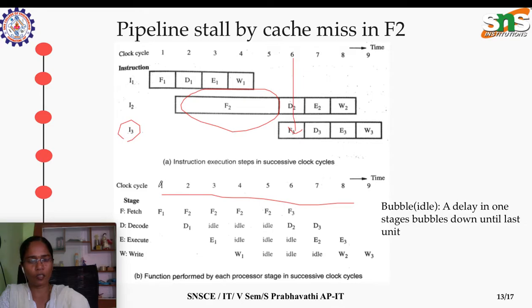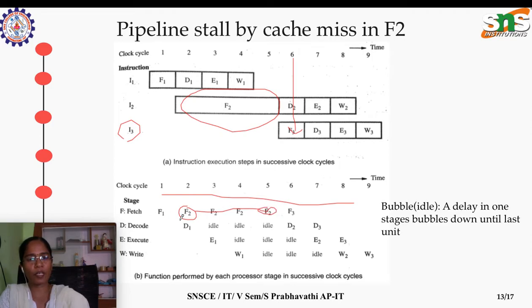At clock cycle 1, fetch of instruction 1 is complete, and at clock cycle 2 fetch of instruction 2 is happening, but it's not completed. It took all the way to clock cycle 5 to complete it.